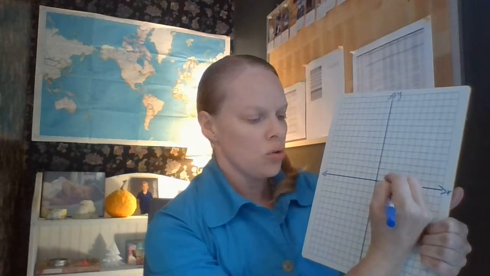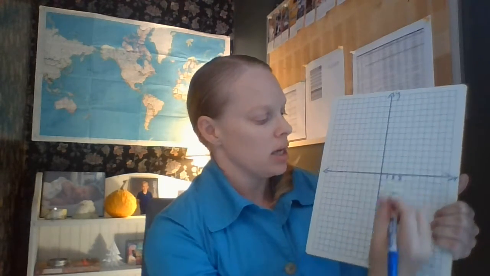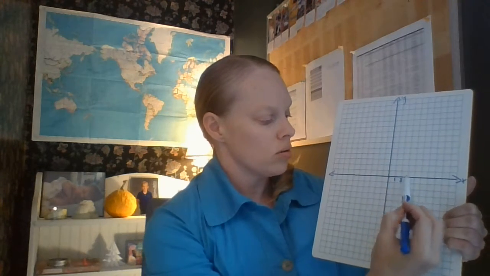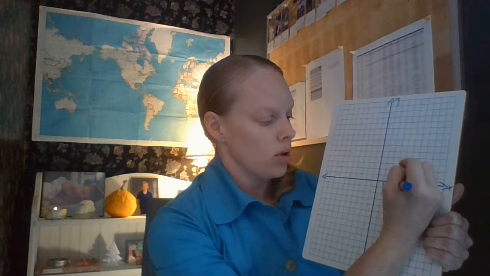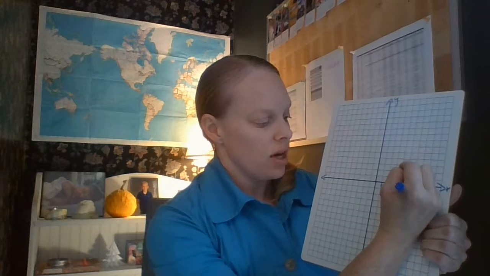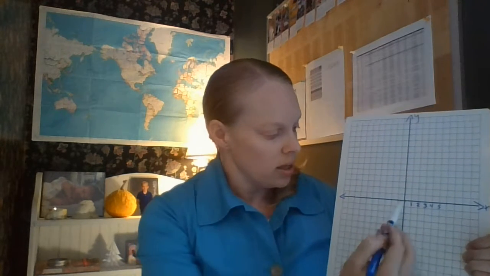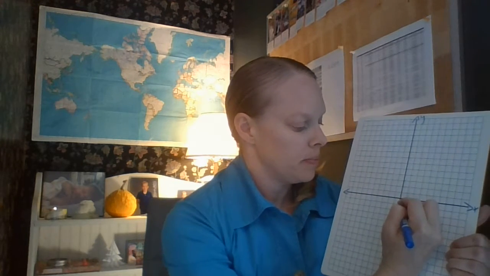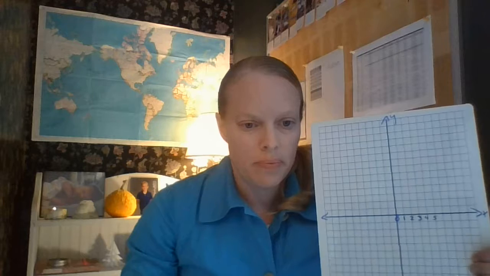If I had huge numbers, I might write 10, 20, 30, or 100, 200, 300. But in this case, I'm just going to write 1, 2, 3, 4, 5. And then going this way, what do you think they're going to be? So that's 0.